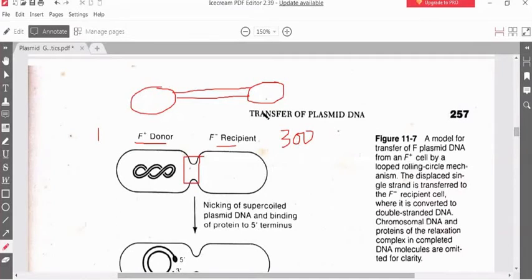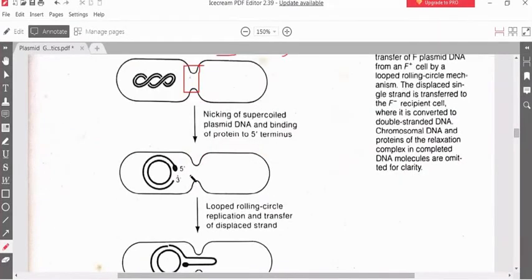The second part: after formation of this conjugation tube, what we need is to make a nick in the single-stranded outermost DNA, because a plasmid is double-stranded DNA. We have to make a single-stranded nick.